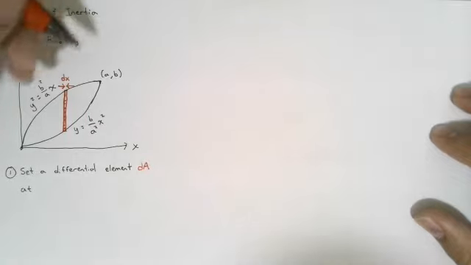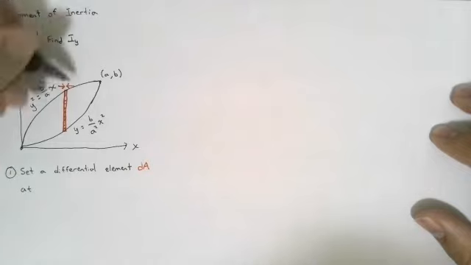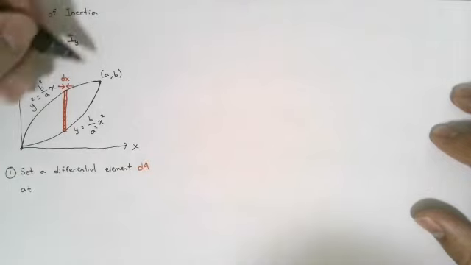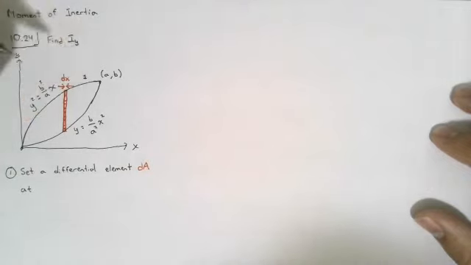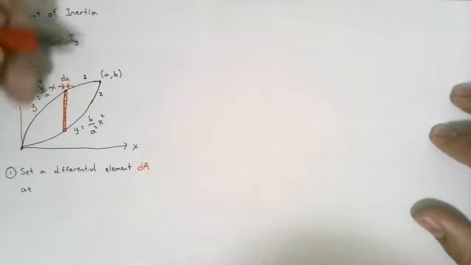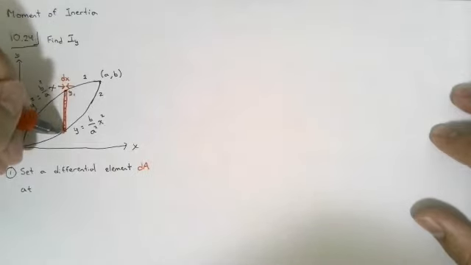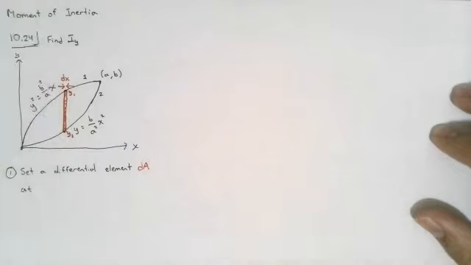And just to make things easier, let's call this curve my curve number 1, and let's call this curve my curve number 2. The reason I'm doing that is so that this element is located at my point y1 and at my point y2.